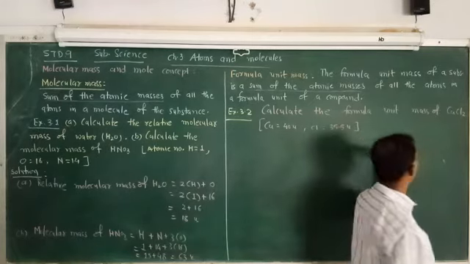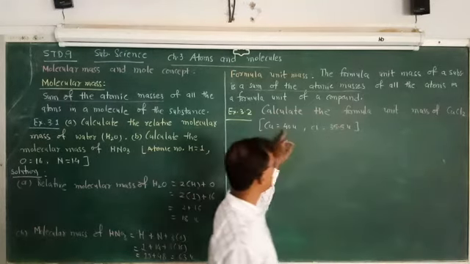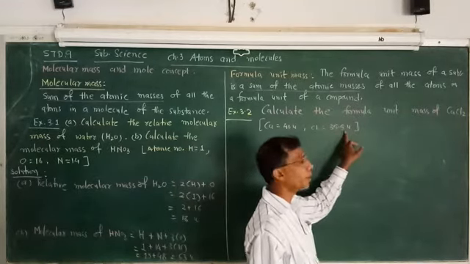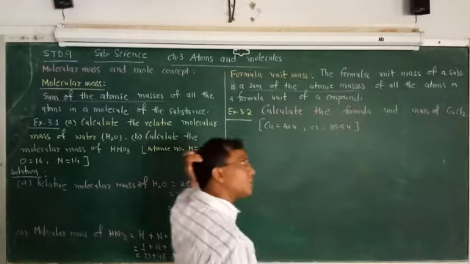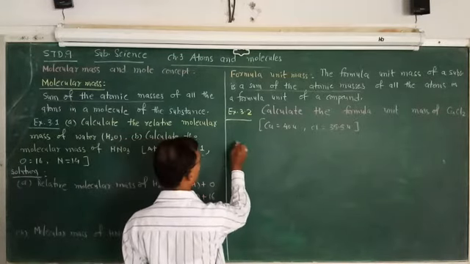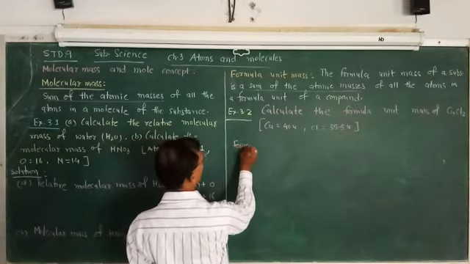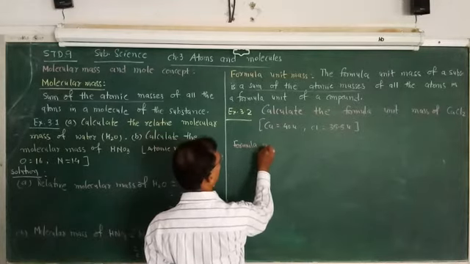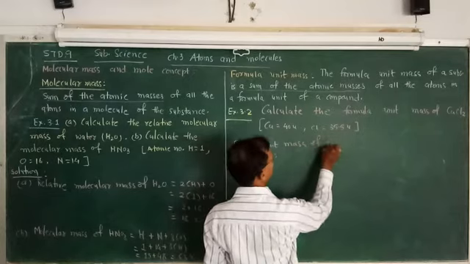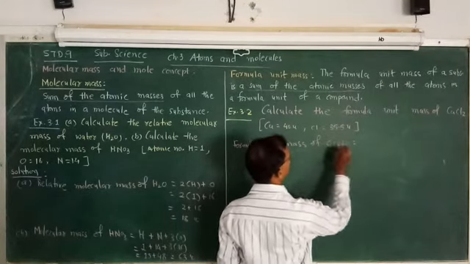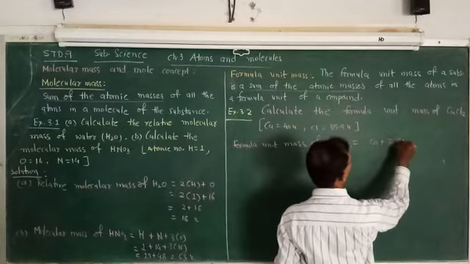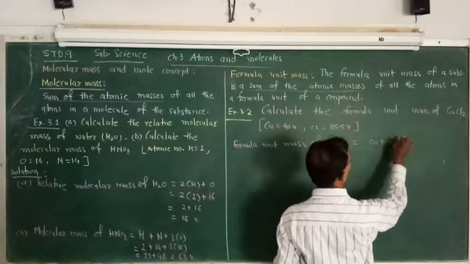The atomic mass of calcium is 40 u and the atomic mass of chlorine is 35.5 u.